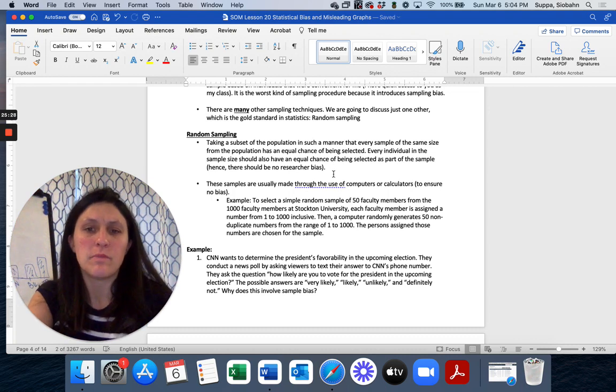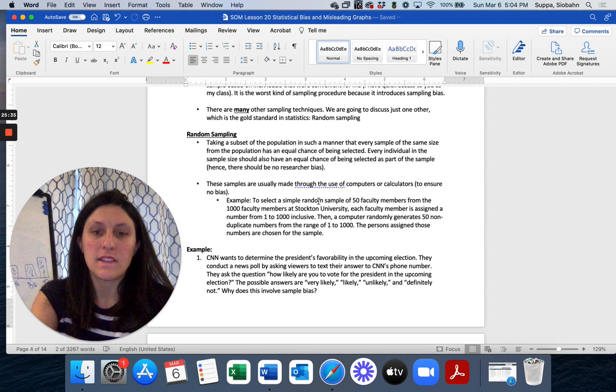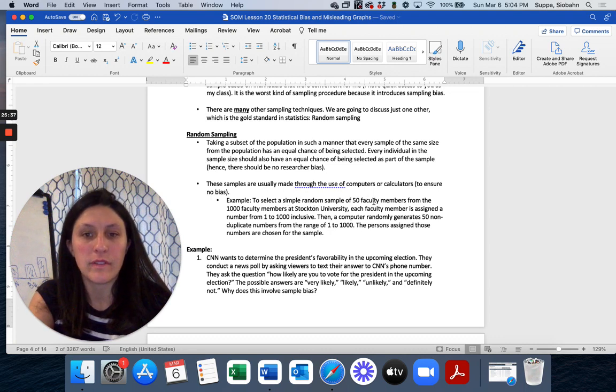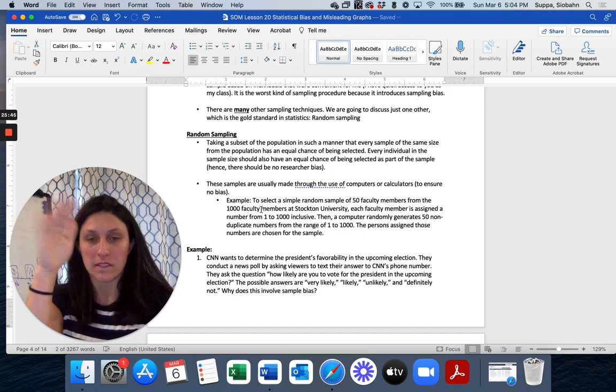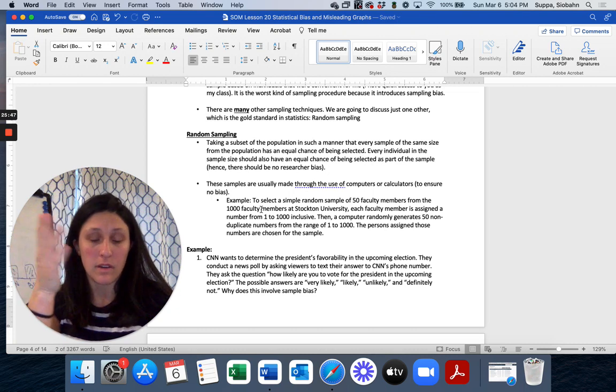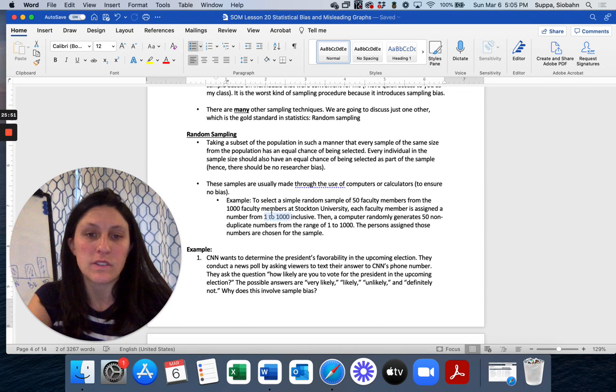And usually you use computers or calculators to tell you who's in your sample. So one way this could be done is if you wanted to sample 50 people out of the faculty members at Stockton, and there's 1,000 of us, you could number each faculty member, like assign every person's name a number, and then you ask a computer to randomly generate 50 numbers from 1 to 1,000.